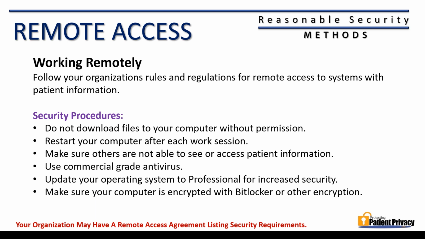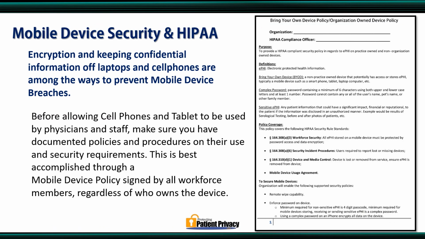If you are using Windows 10 or 11 Pro, you should also be encrypting your computer with BitLocker or another form of encryption. Make sure you get with your office manager or supervisor to make sure what protections are required based on your policies and procedures. Mobile devices also must be secured under HIPAA.